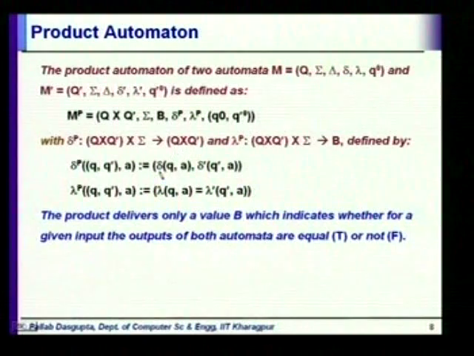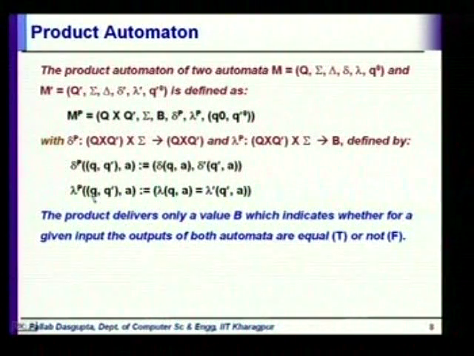And under the constraint that if the global state was q q dash and you presented the product machine with A, then the next global state will be delta q A according to this delta, and delta dash q dash A according to this delta dash, right. So the individual machines make transit to their next state, and the concatenation of those next states gives you the global next state of the product machine.